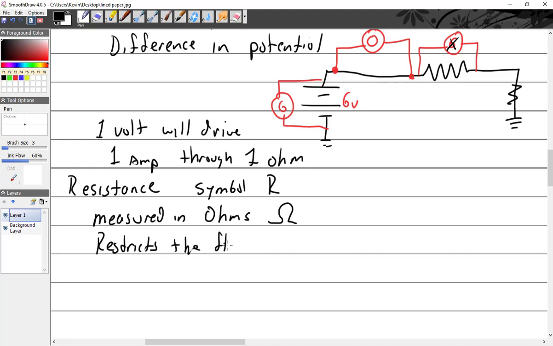Resistance resists the flow. What does it resist the flow of? Does it resist the flow of voltage? Why not? Because voltage is pressure, not flow. So if I say flow, I must be talking about current, amps. Current is a better word there.